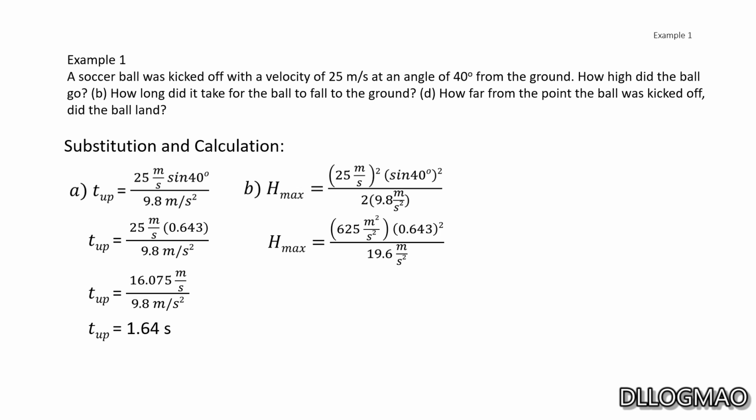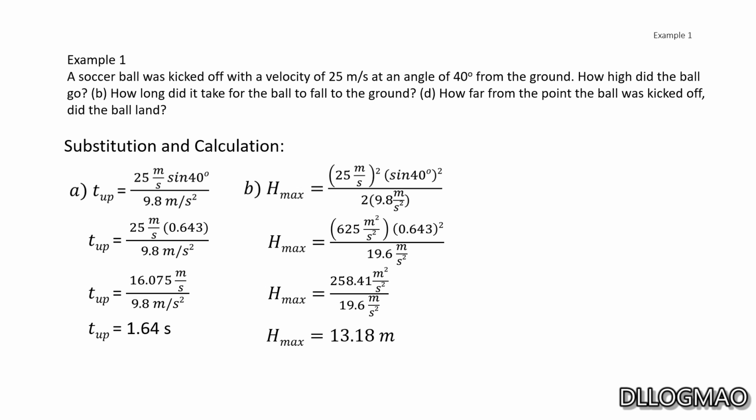The product of 625 meters square per second square and the square of 0.643 is 258.41 meter square per second square. Divide by 19.6 meter per second square. The h sub max is 13.18 meters.